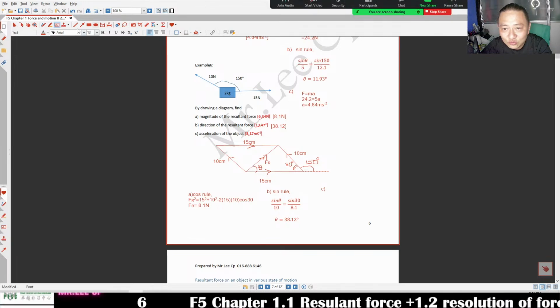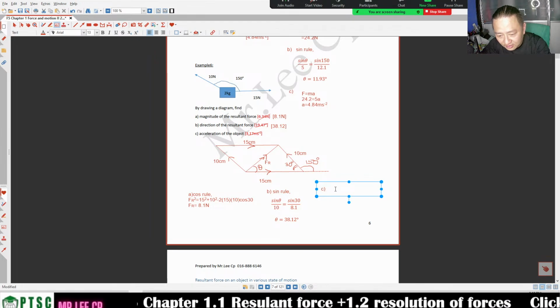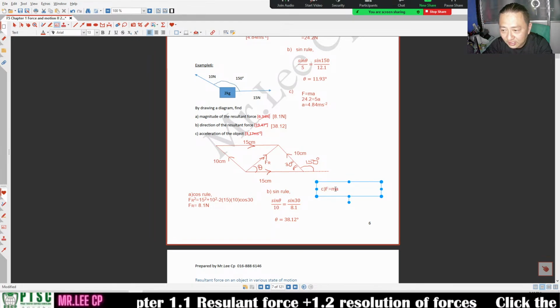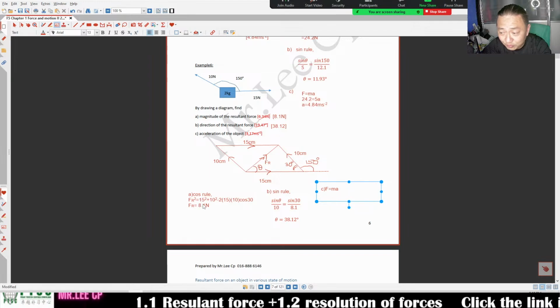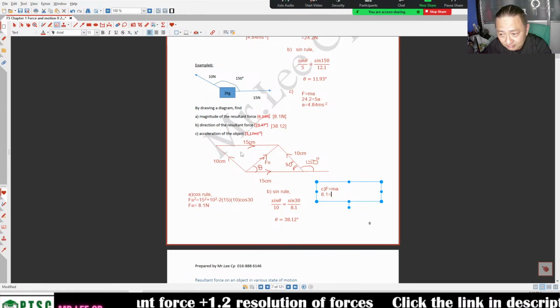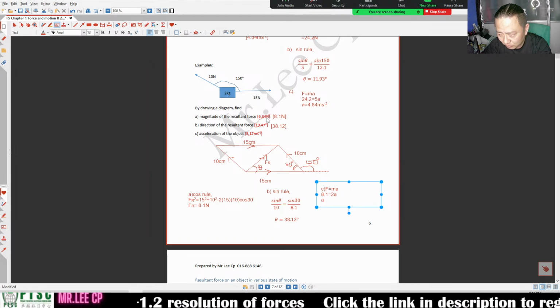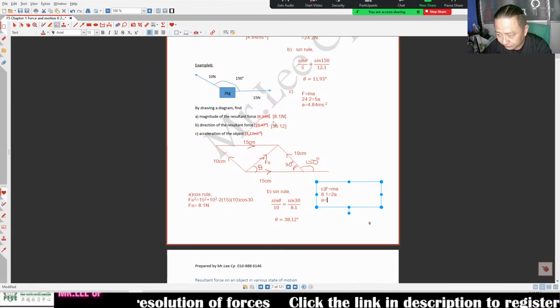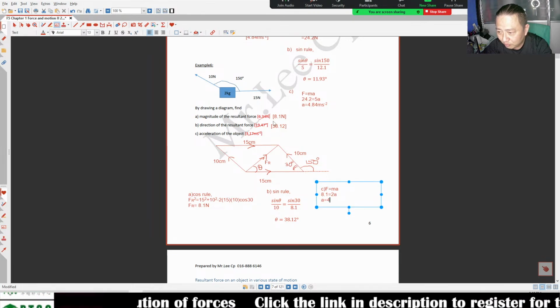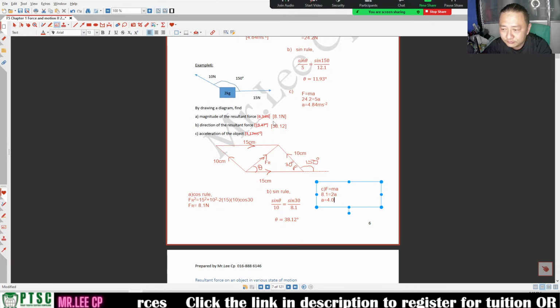And then C, last one. How to do C? F is equal to MA. F is your resultant force, 8.1, equal to MA. Mass is 2 kg. 2A. A will be 4.05.